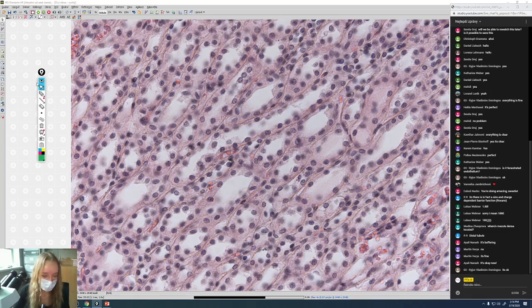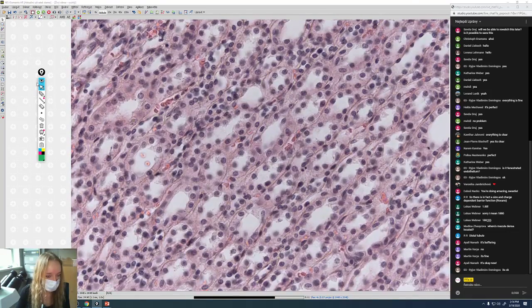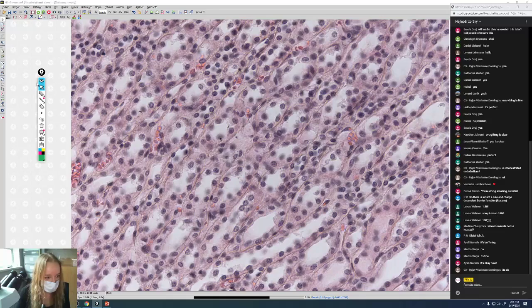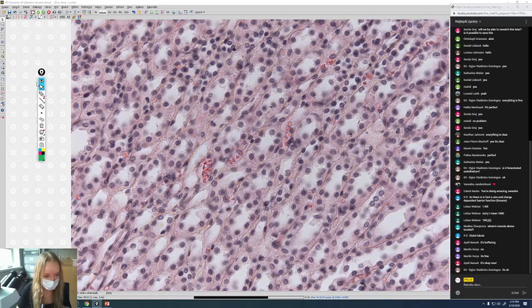And the vessels are here with these erythrocytes. We can see vessels here. And what do we need to know about them? We need to know that they are the so-called vasa recta, that they accompany Henle's loops.